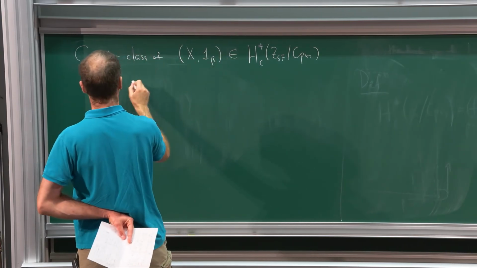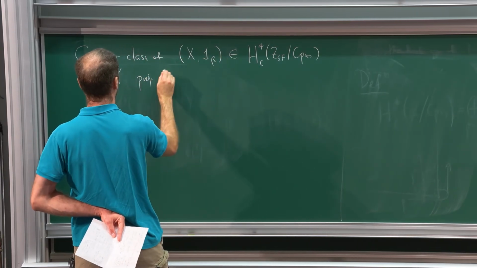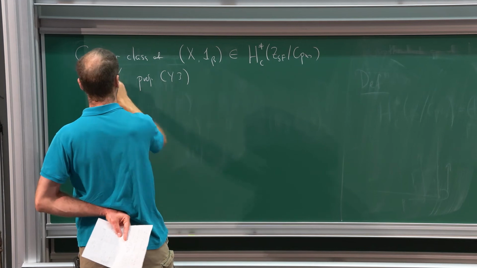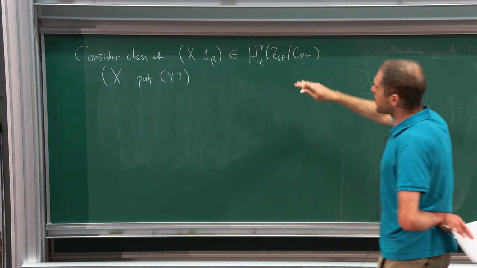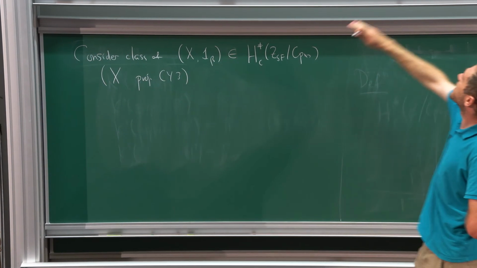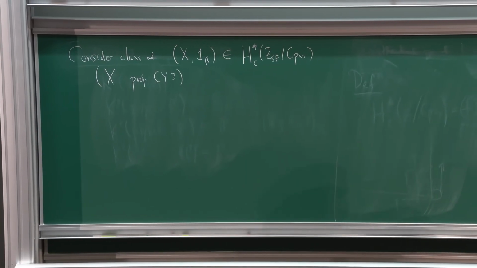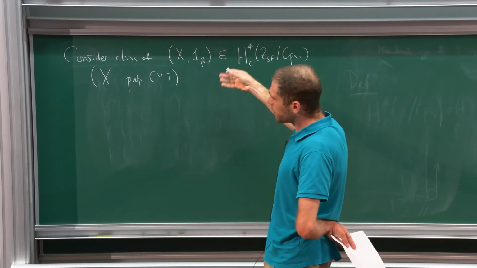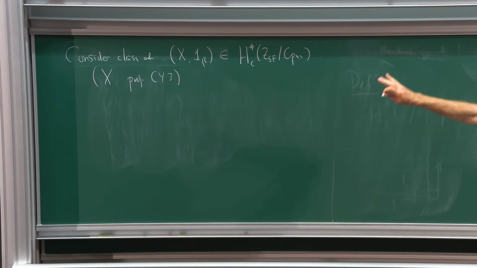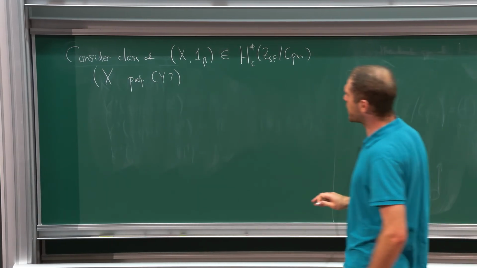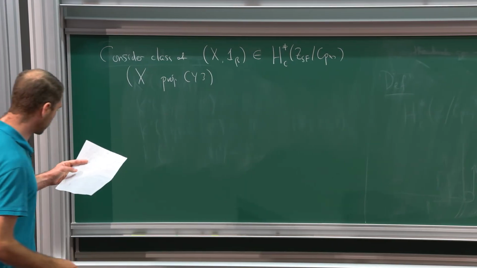So X is like a projective Calabi-Yau threefold. Okay, I'm going to show you how to decompose this class into a sum of local curves. And then you can do the same thing for any class, but let's just consider the simplest situation to get a handle on the idea.